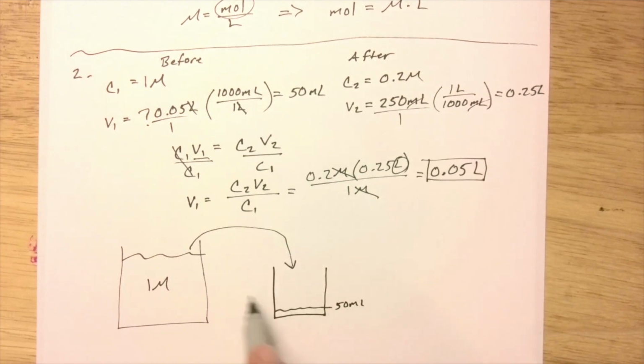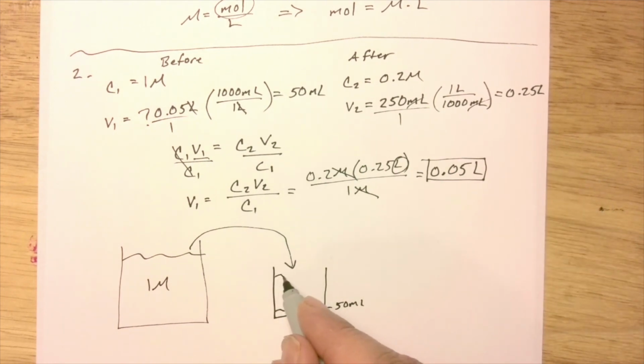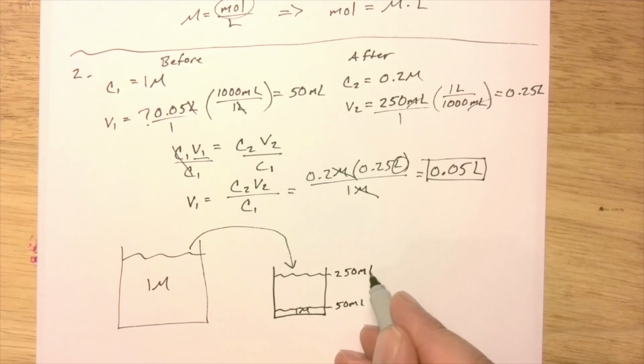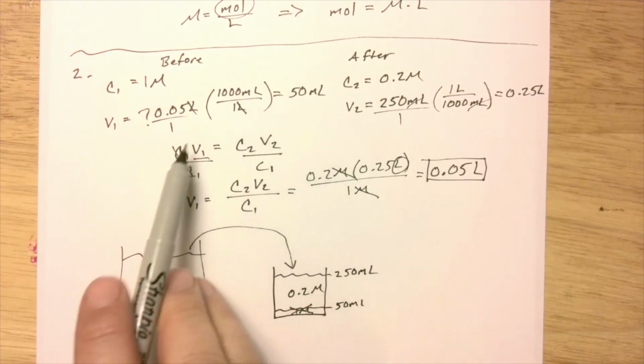Now when I first pour out that 50 milliliters, that solution is 1 molar. I don't know if you can see that here, but I have 1 molar right here. But then if I bring the volume up to 0.25 liters, or 250 milliliters, I would have diluted the solution here. It would have gone from 1 molar to now being 0.2 molar. So that's what this represents here.